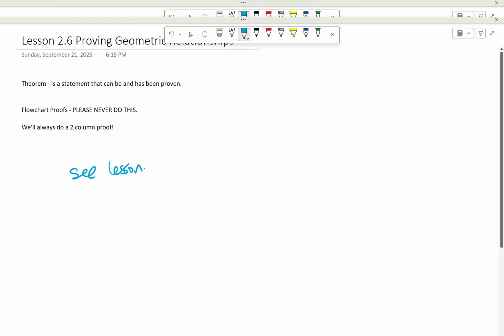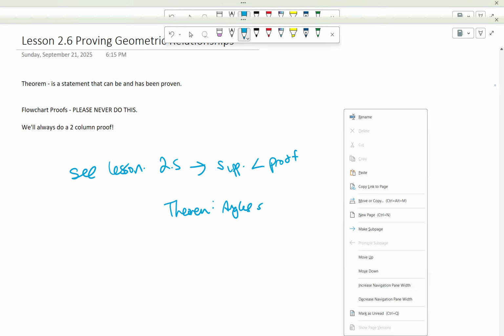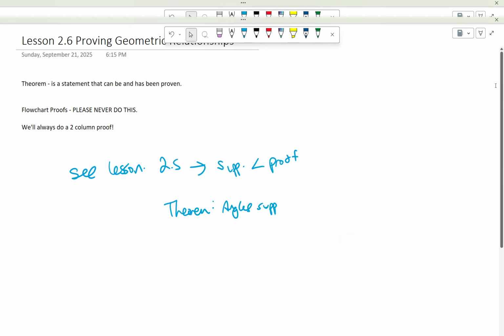And we have within our vocabulary the supplement angle proof. That was the first thing that we did, and this was our proof. And our theorem here was that angles supplementary to the same angle are congruent.